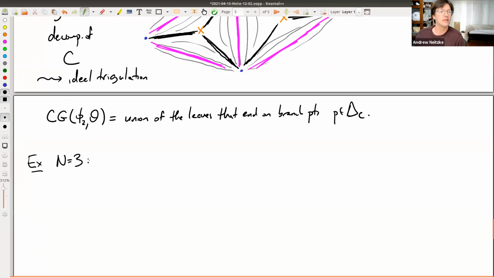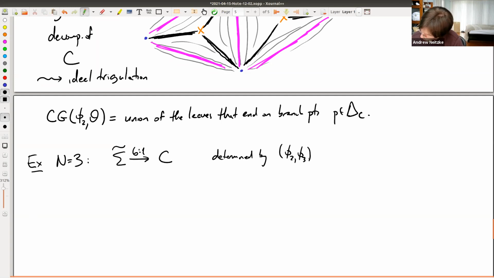Now remember, we have this sigma twiddle, which is carrying a natural foliation, but which is a 6-to-1 cover of our base surface C. And the data that determined it was a quadratic and cubic differential.